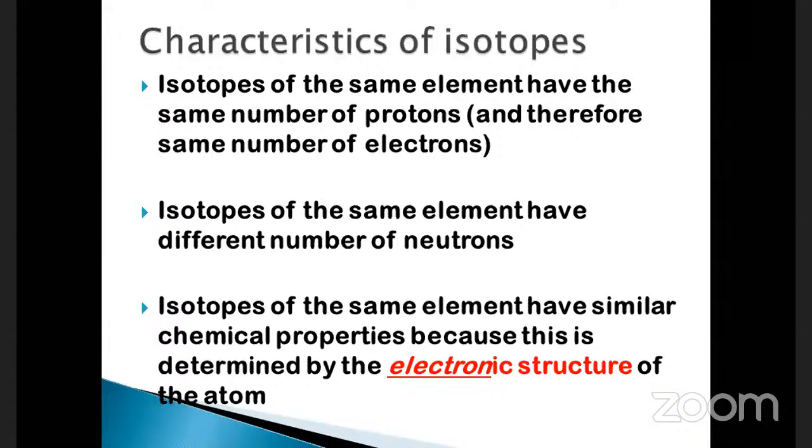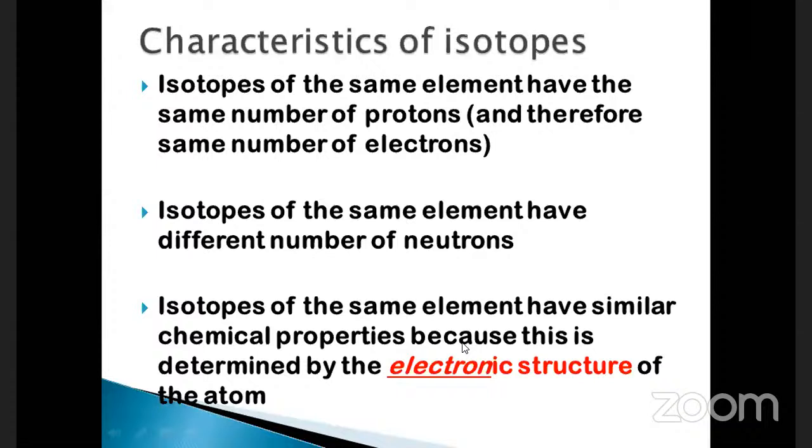Therefore, isotopes have similar chemical properties because the chemical properties are determined by the electronic structure, from the word electron. So you can see electrons from electronic. Since they have the same number of electrons, and it is electrons that determine the chemical properties and how a particular element will behave in a chemical reaction, isotopes have similar chemical properties.